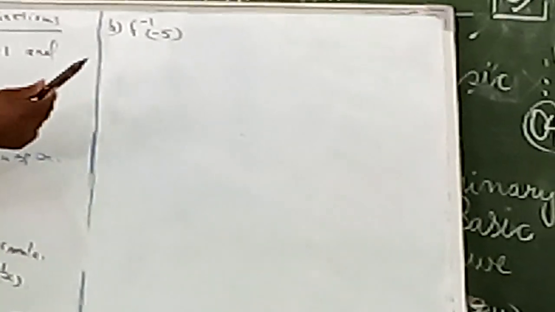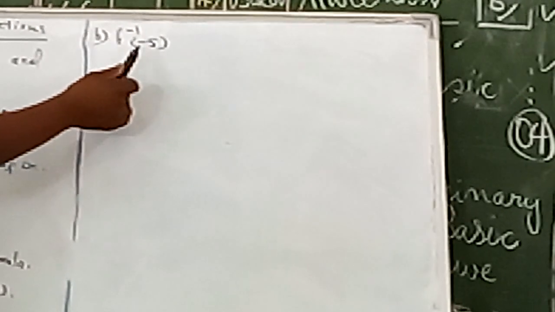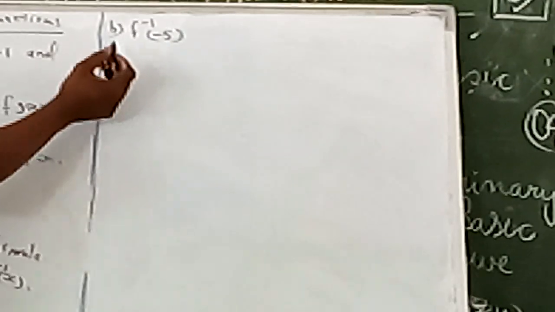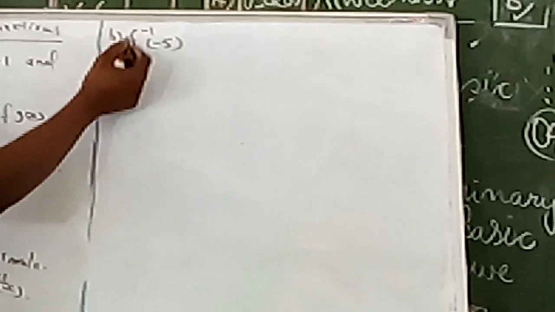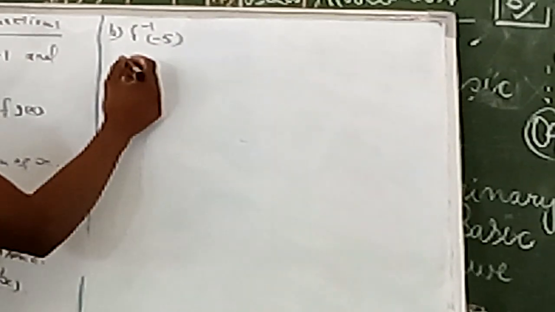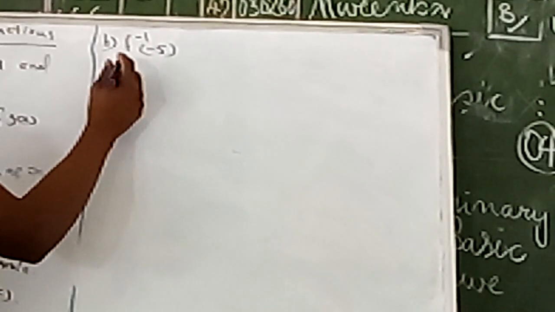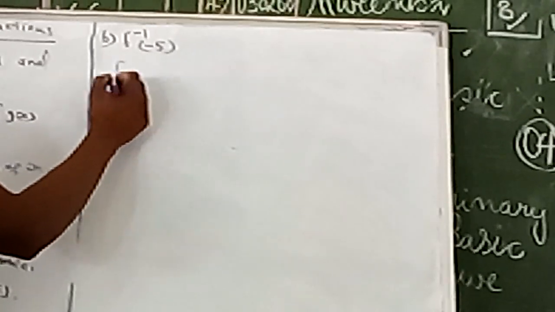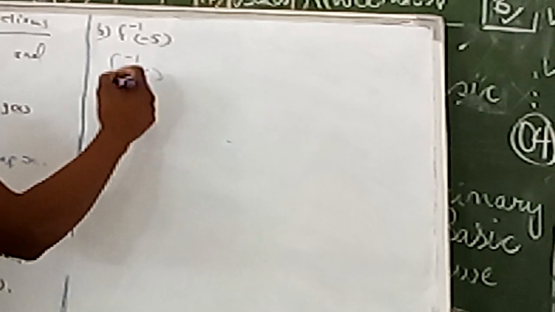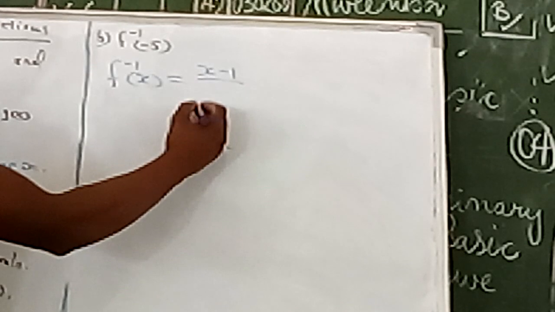Alright, so now we are asked to find the inverse function of minus 5. What does that mean? It simply means that in the inverse function which you previously found, f inverse of x, we found that it is (x minus 1) over 3.